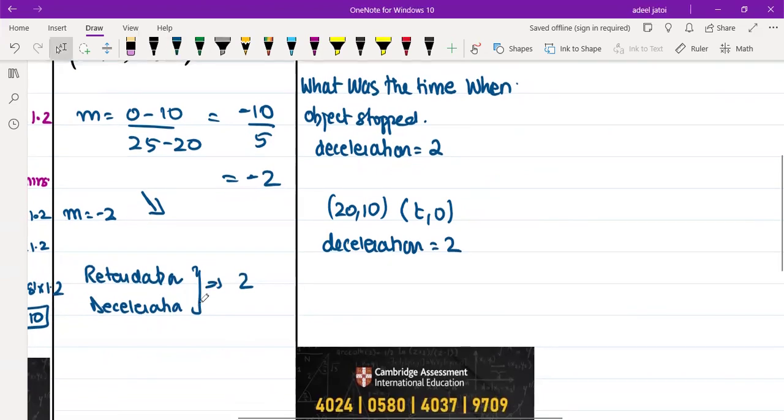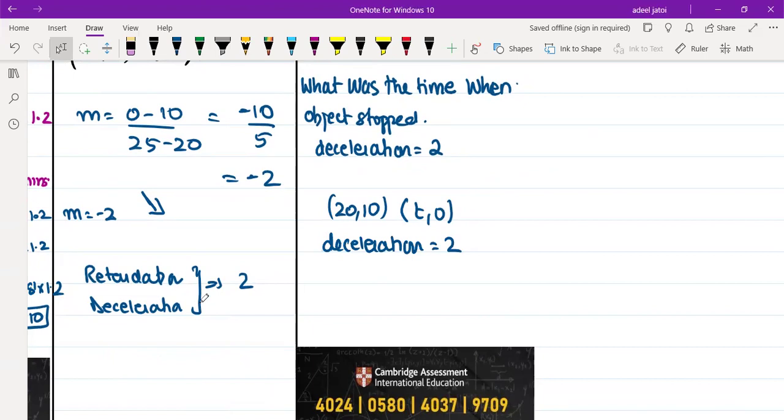But what you need to understand is that when you write the deceleration with respect to the gradient, you know that deceleration is given to you.